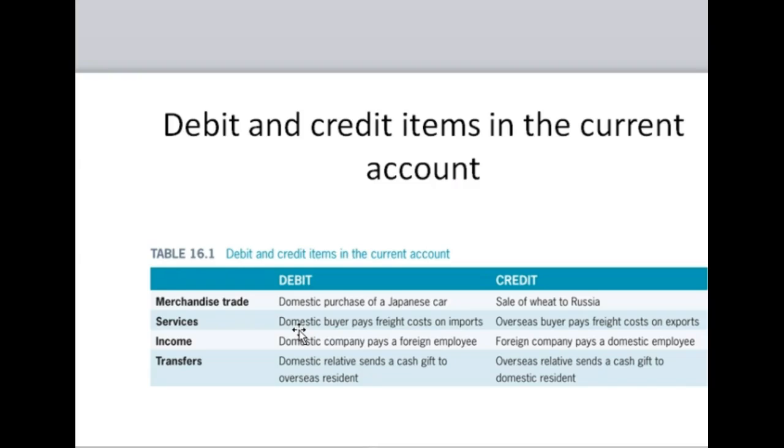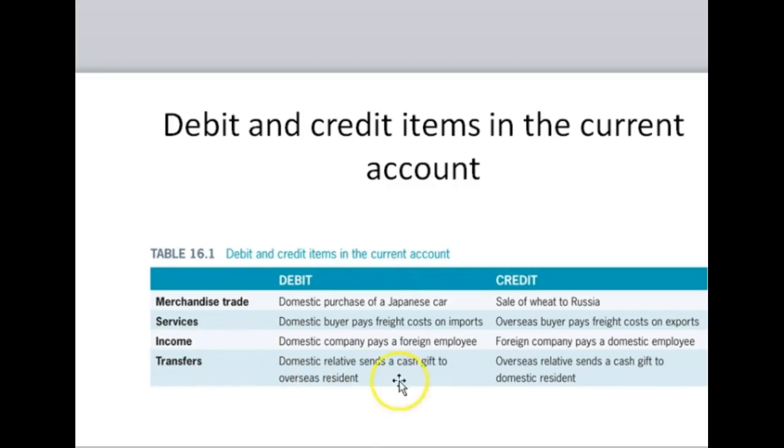Income: when a domestic company pays a foreign employee wages and salaries, this will come under the debit in the income account. And when a foreign company pays a domestic employee, an Australian citizen, then it will come under the credit of the income account. Transfer: domestic relatives send a gift card to overseas residents. So the money is going out of our country.